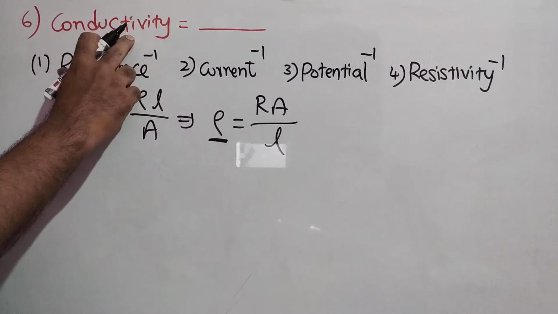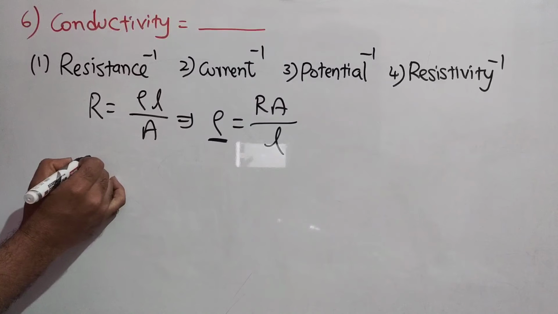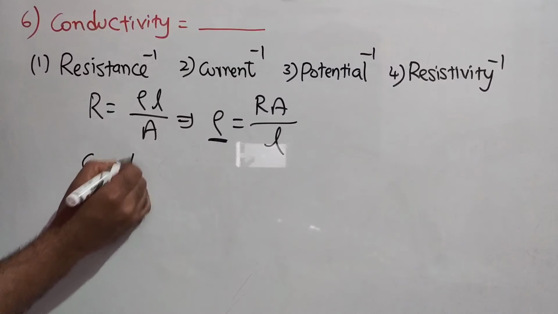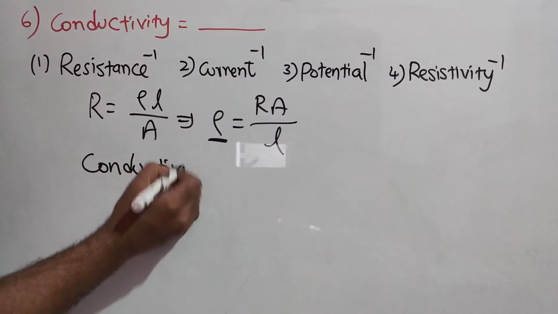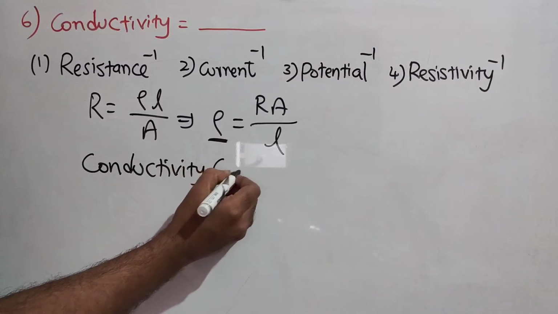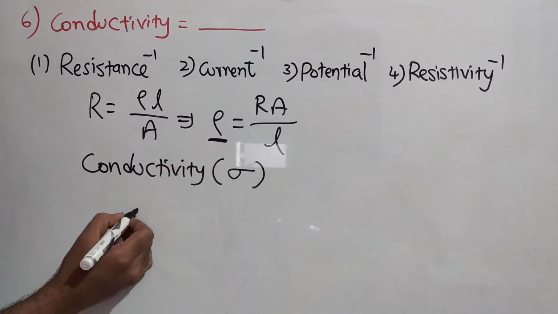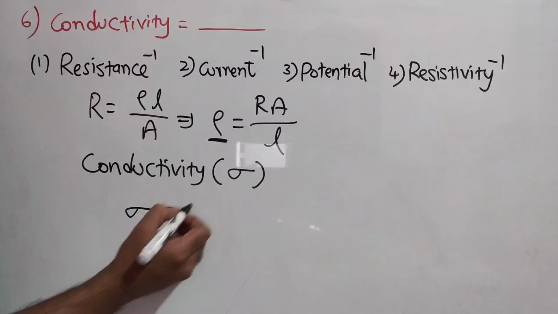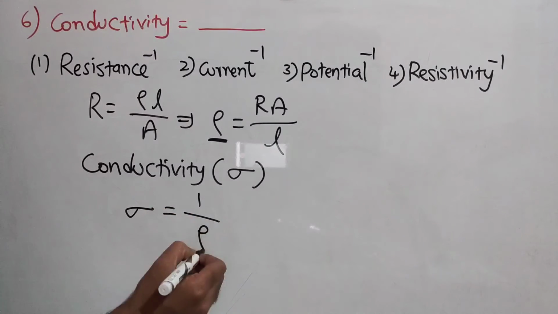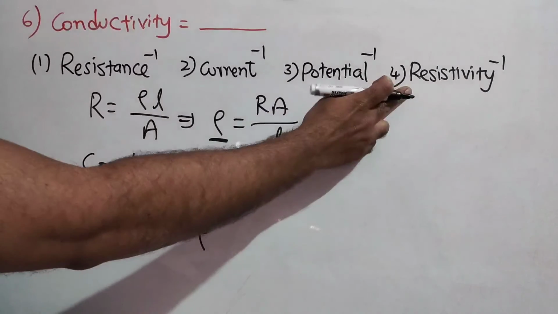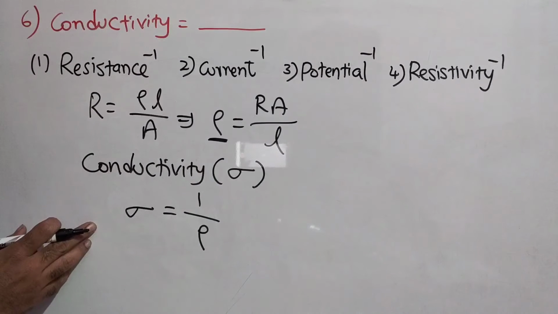Conductivity is denoted by the Greek letter sigma, and it is the reciprocal of resistivity. So resistivity inverse is called conductivity.